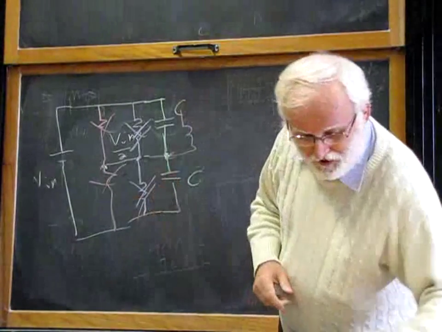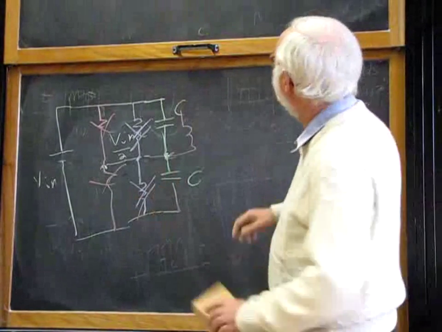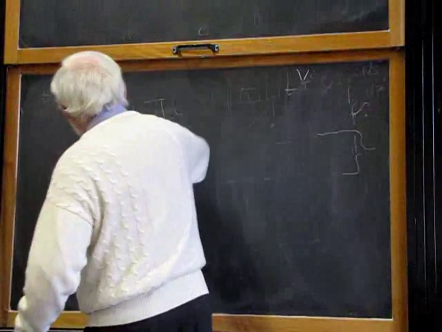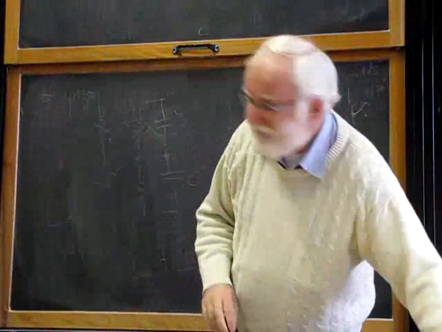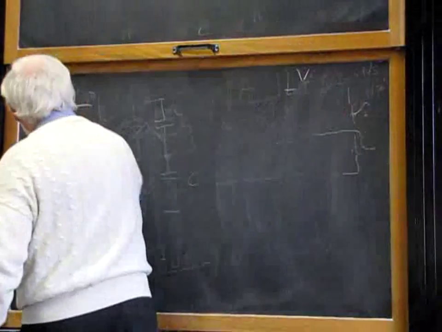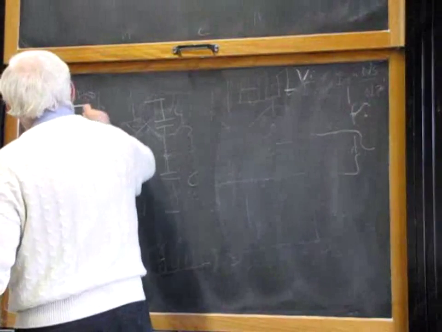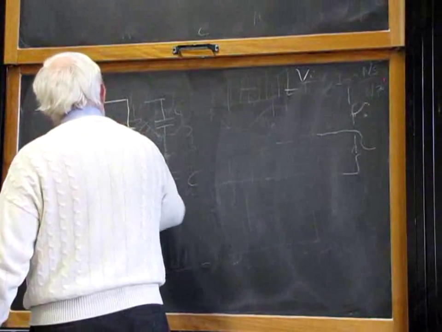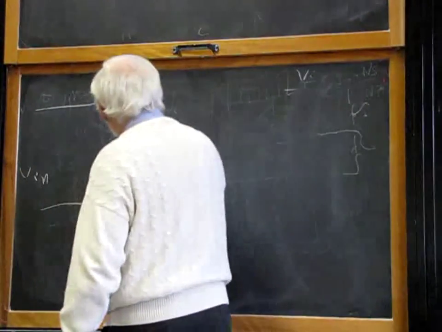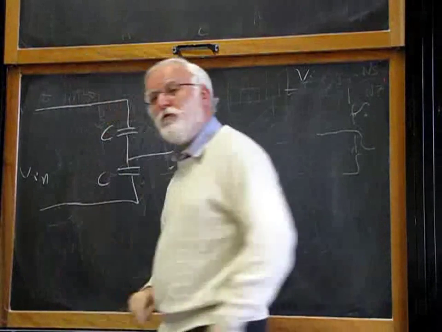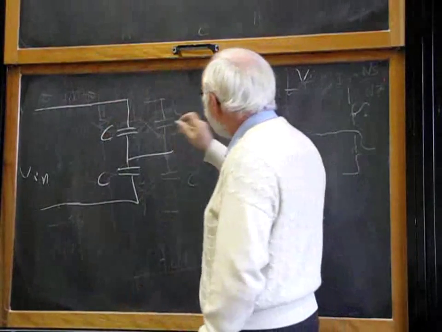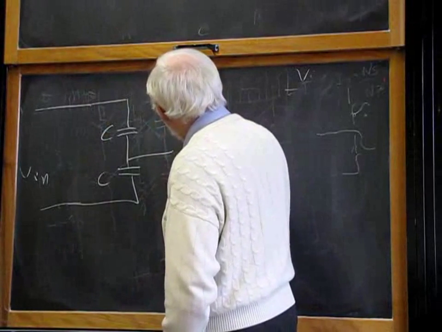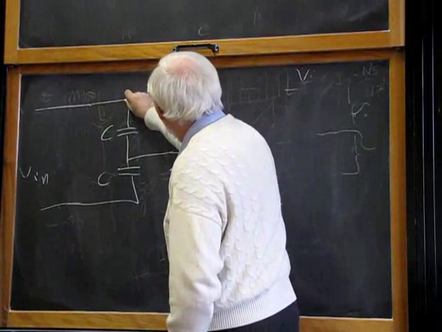Let me just redraw this circuit. We try to make a voltage divider with two capacitors, two equal capacitors. We have here the primary winding of our transformer.